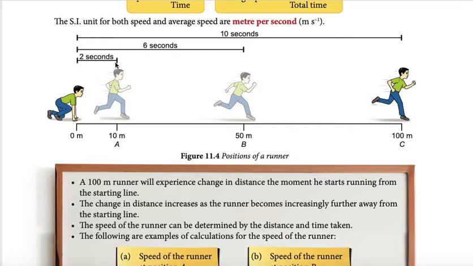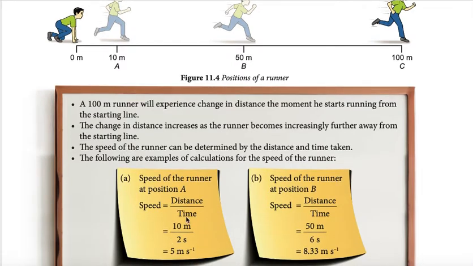Therefore, to calculate the speed of this runner at position A is to divide the distance and the time taken to reach at this distance. So when we substitute the value 10 meter and 2 seconds in this formula, we will get the speed at the position A is 5 meter per second, as well as the speed of the runner at position B.